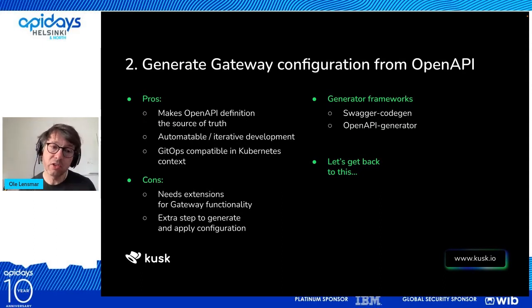You'd still need extensions, of course, to define any functionality that's specific for the gateway, and of course you'd have to make sure that generation of that configuration is done automatically as part of your build or CI/CD, and also then applied to your gateway. So the gateway would have to support a kind of dynamic reconfiguration as you evolve the API.